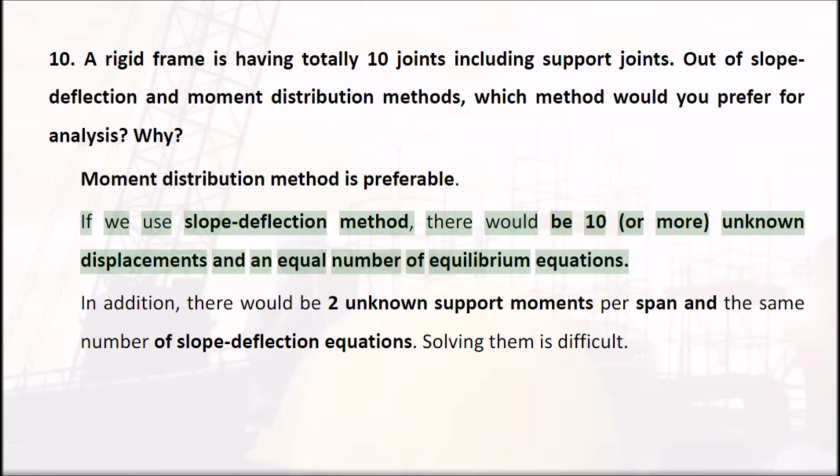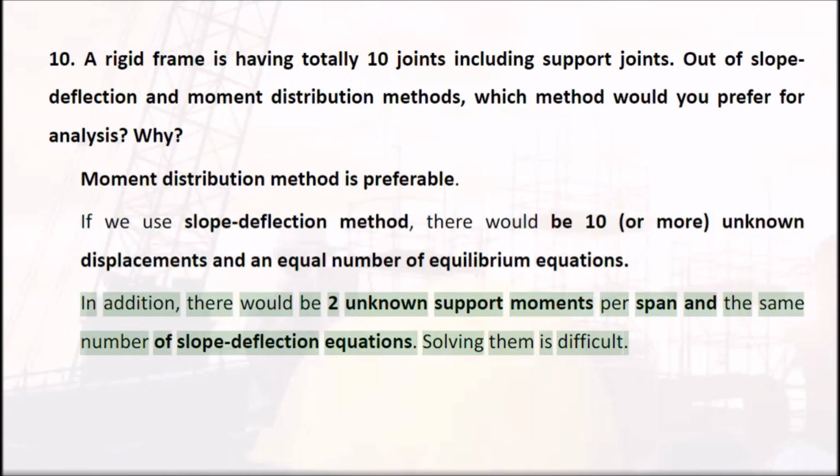If we use the slope deflection method, there would be 10 or more unknown displacements and an equal number of equilibrium equations. In addition, there would be 2 unknown support moments per span and the same number of slope deflection equations. Solving them is difficult.